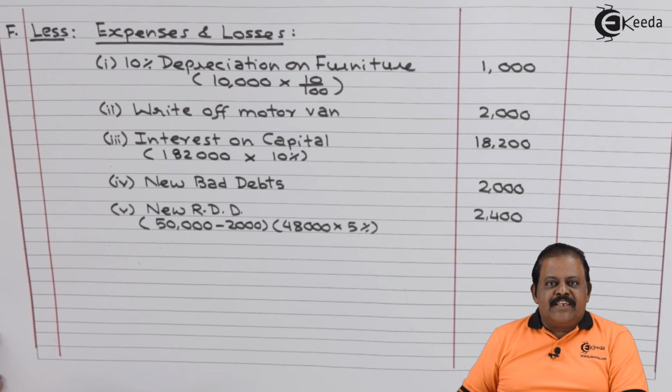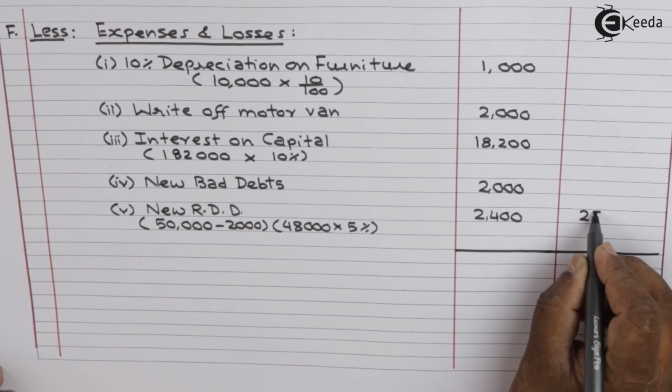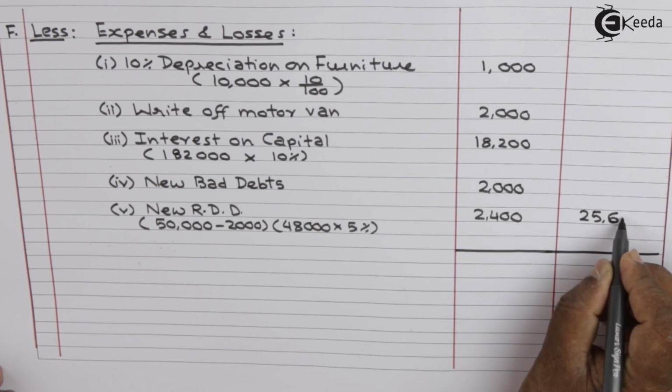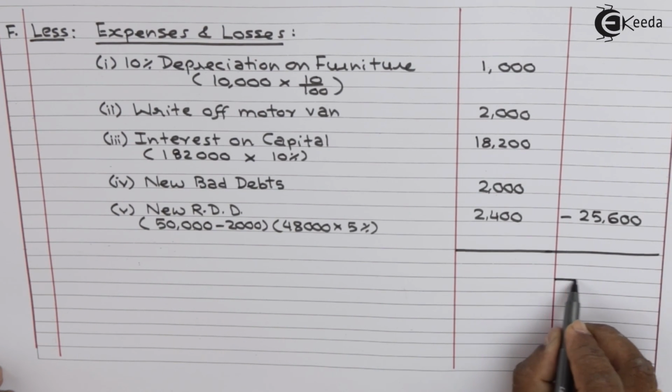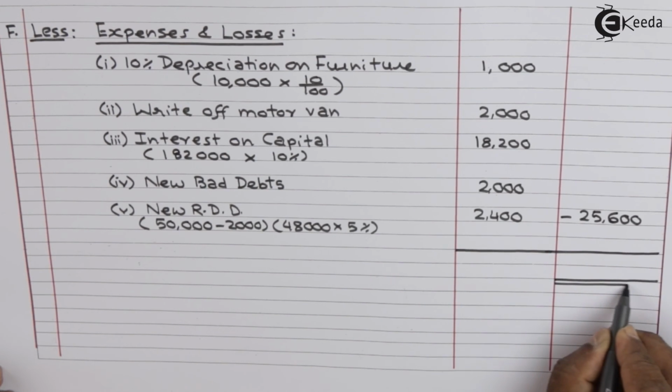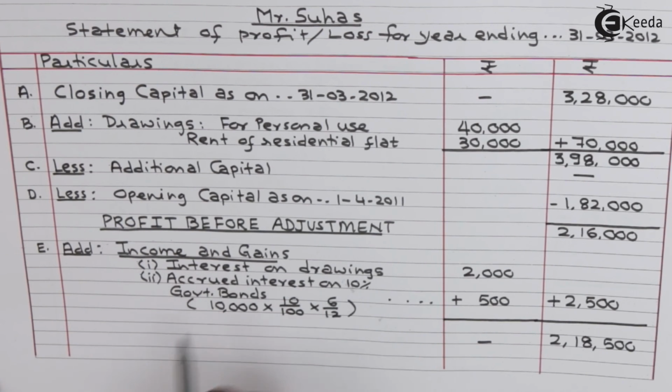We have recorded all expenses. Let us add them. We have 2,18,500 after adding incomes and gains. Now we are required to deduct expenses from this figure.